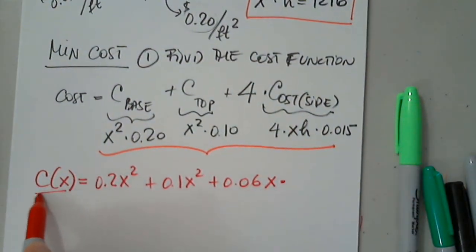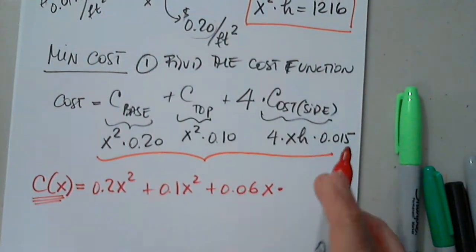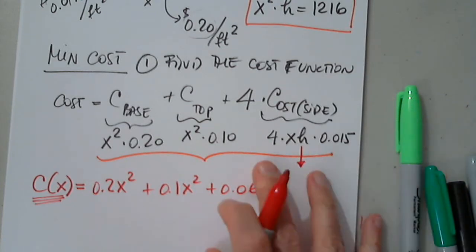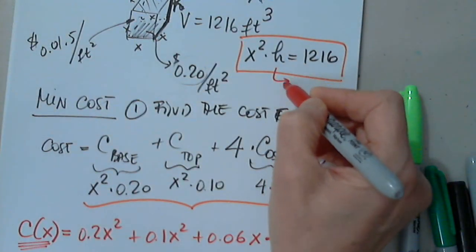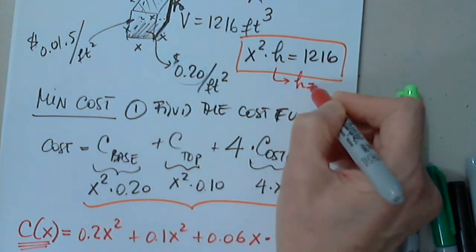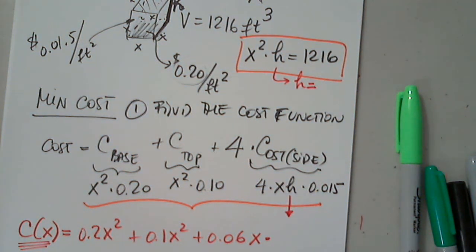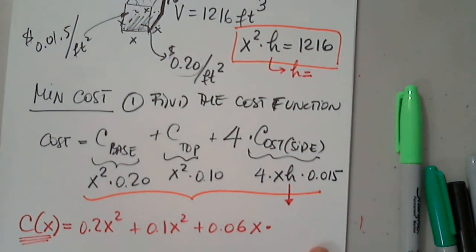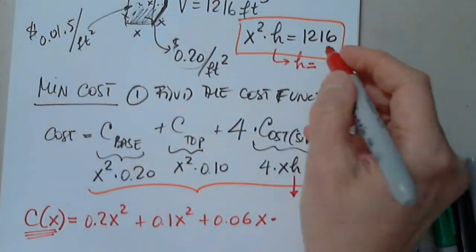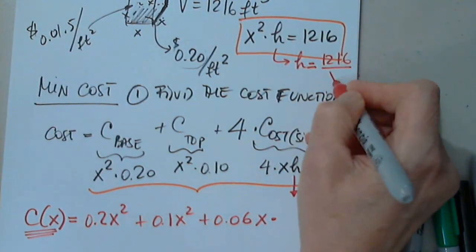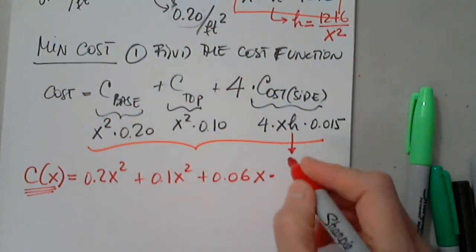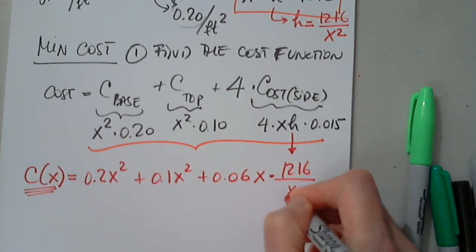How come? Because I only have one variable. I cannot have 2 variables. So I will replace h from here. Can anyone solve this equation for h for us? 1216 over x squared, yes, of course. So that's it. 1216 over x squared.